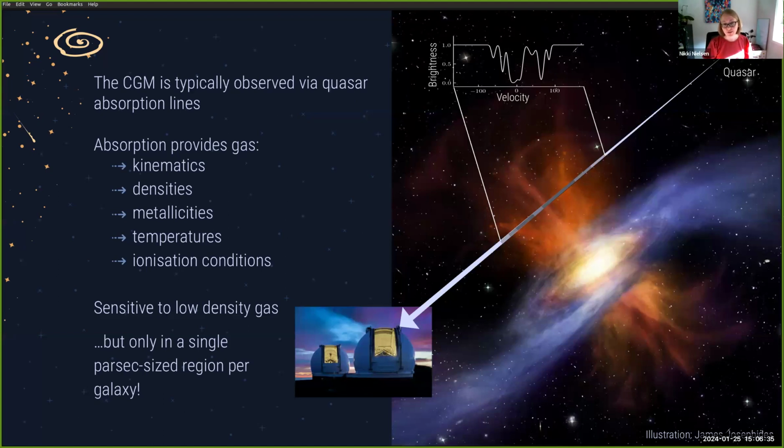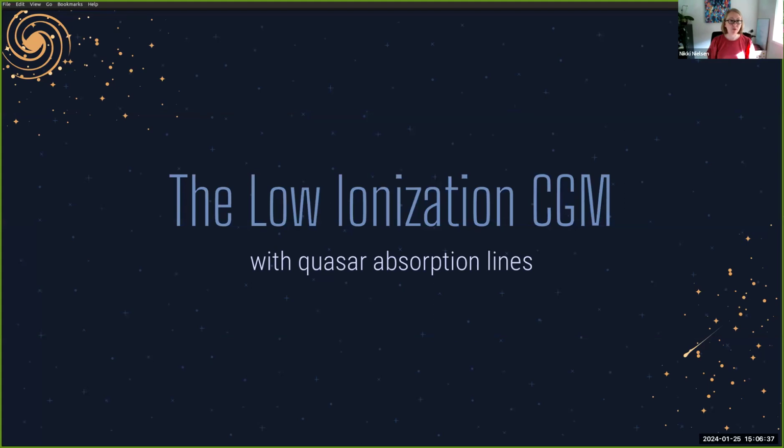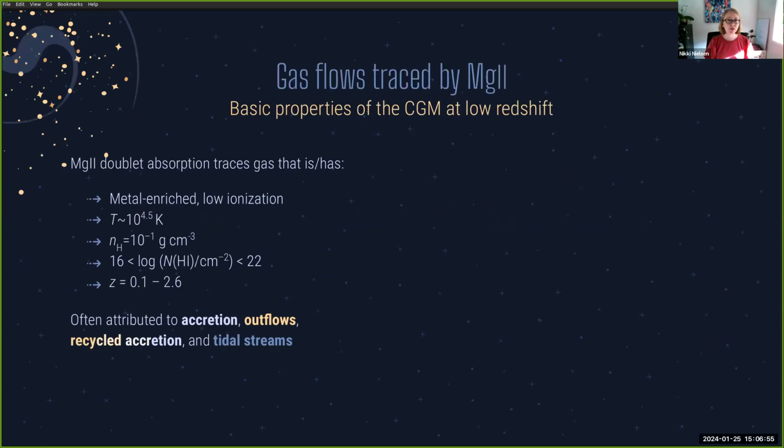But regardless of this, we do know a lot about the low ionization CGM at low redshift with quasar absorption lines. And so I wanted to just highlight some things we know before getting into emission, because we can actually compare the new emission maps to what we know from absorption. So I'm going to just focus on the magnesium-2 absorption doublet, because that's what I have mostly focused on in my absorption research.